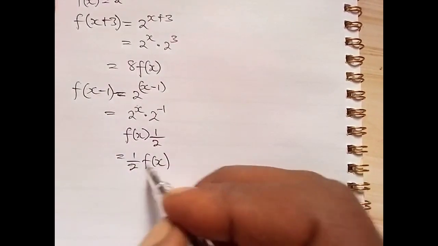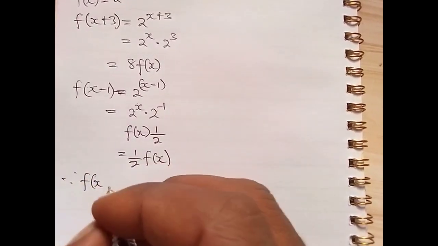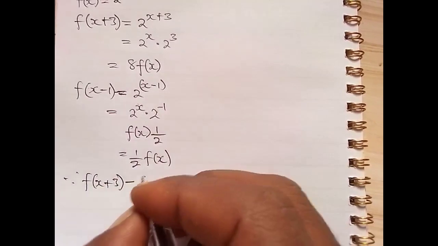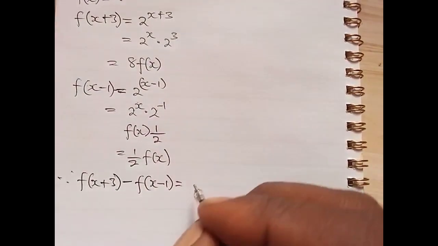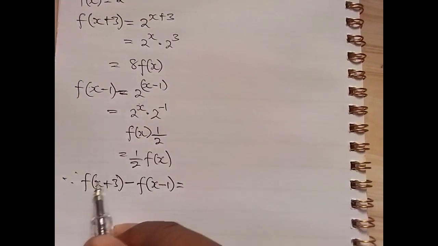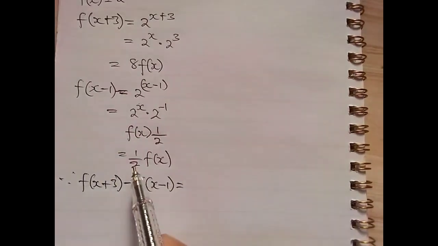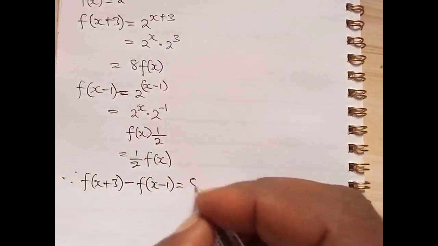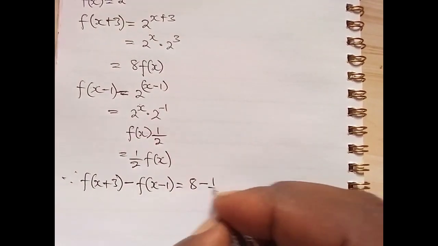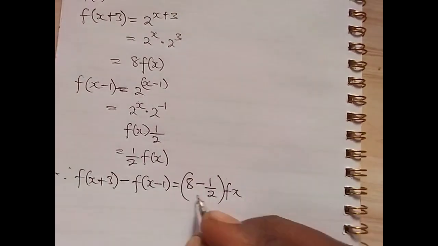Therefore, f of x plus 3 minus f of x minus 1 is equal to, the value we got for the first is 8 f of x, and the value we got for the second is 1 over 2 f of x. Since f of x is common, we say 8 minus 1 over 2, then f of x for both of them.